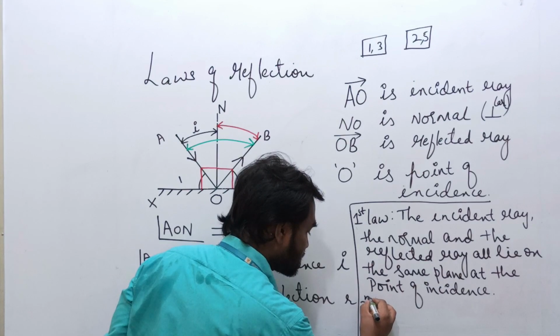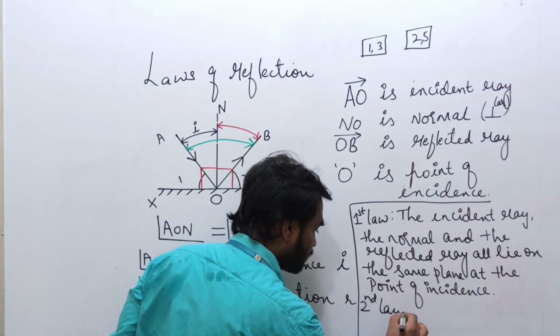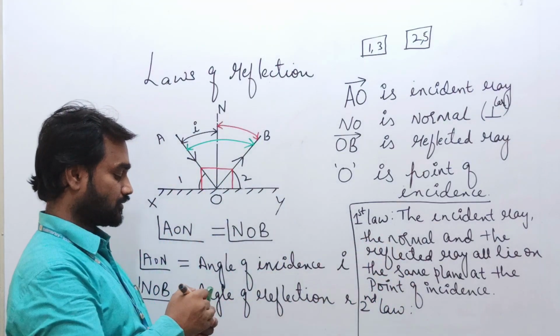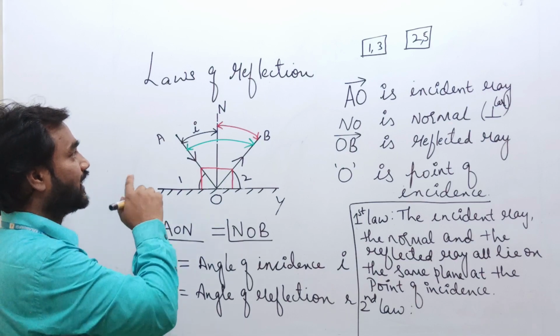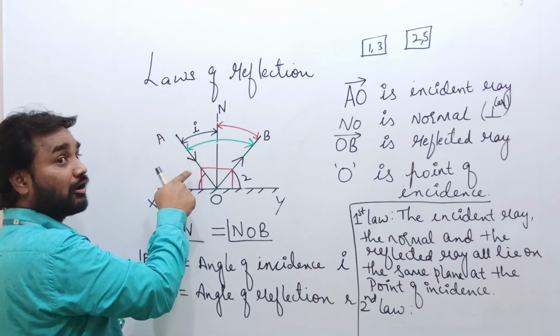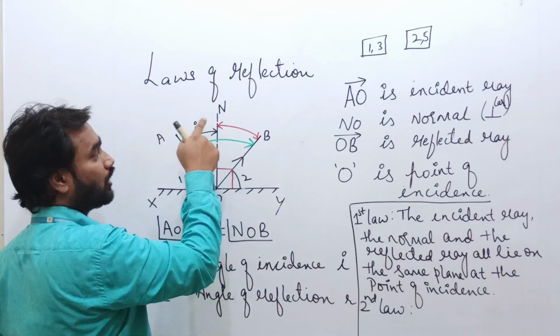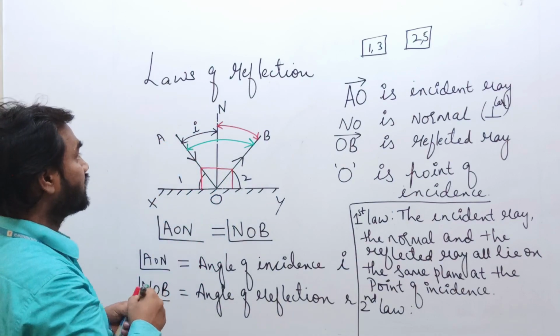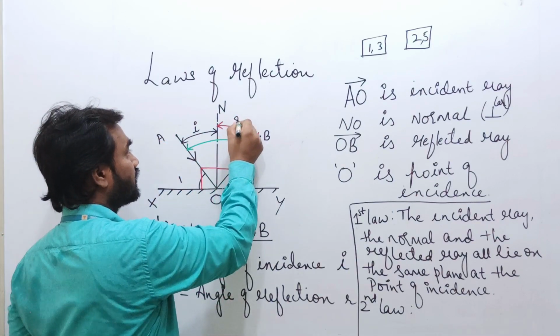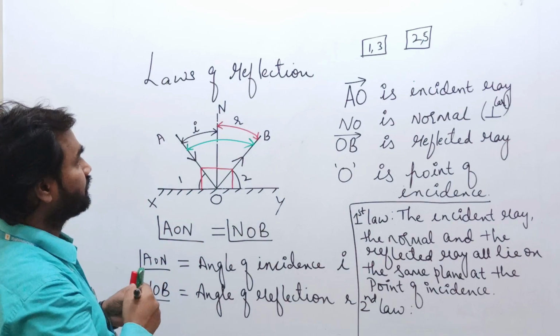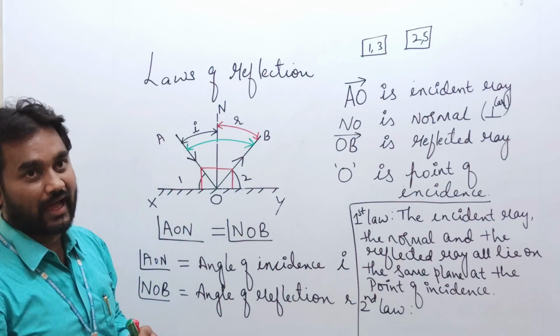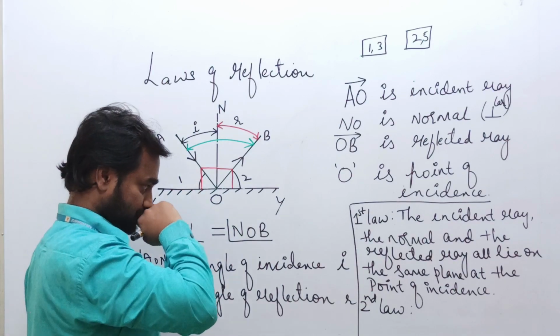What is the second law then? As we have seen here, the angle of incidence will always be equal to the angle of reflection.